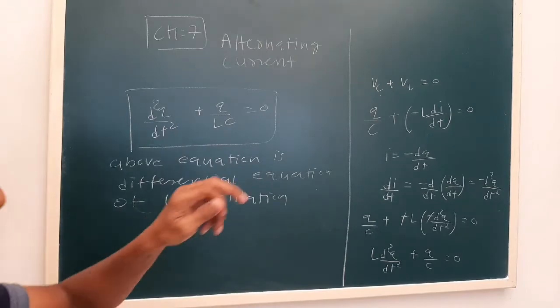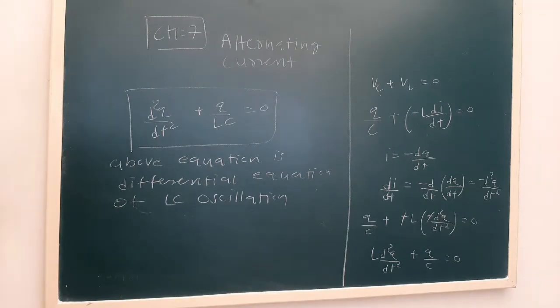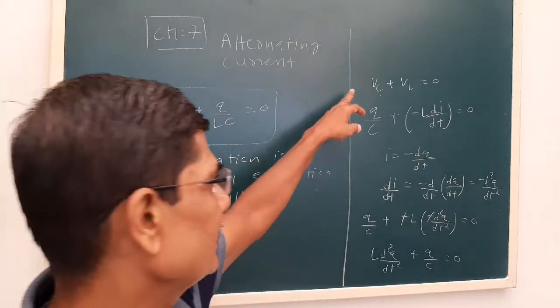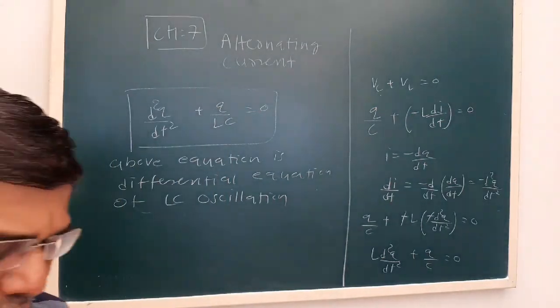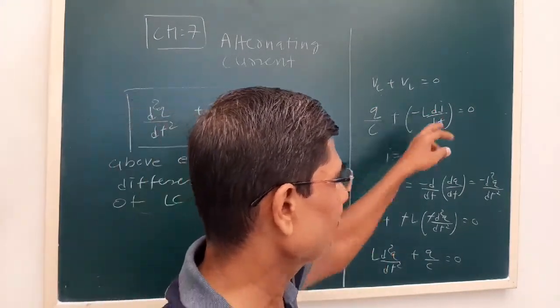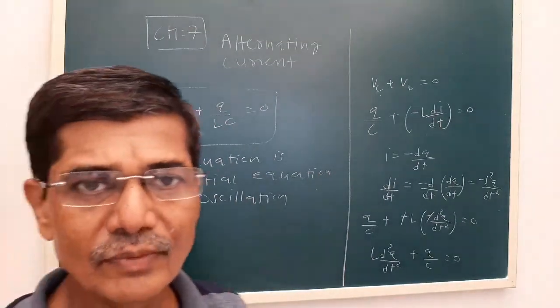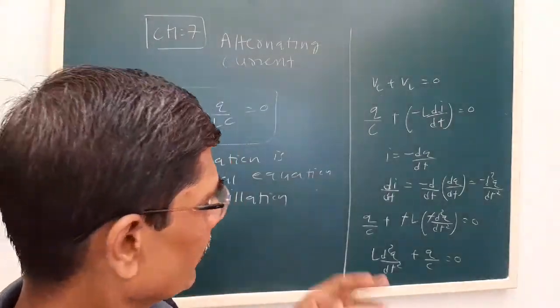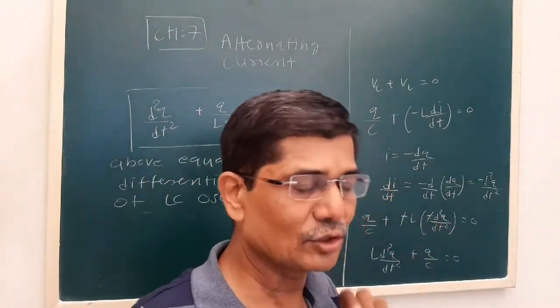Now see here, voltage on the capacitor plus voltage on the inductor is 0. Vc is Q by C. VL, the potential difference across the inductor, is minus L di by dt. Initially the capacitor is charged, so when the inductor is connected, charge on the capacitor decreases, so that's why we write I is equal to minus dq by dt.